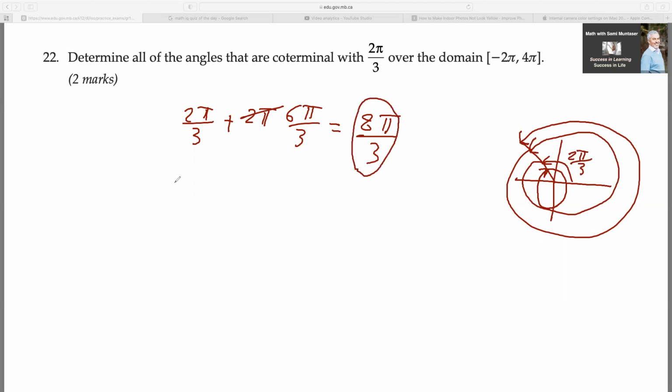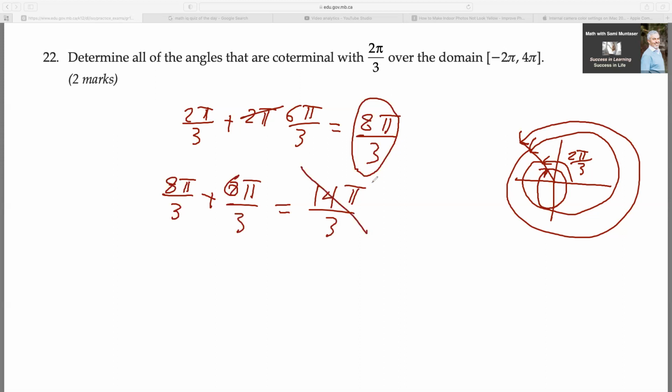Now I'm going to take the 8 pi over 3 and add another revolution again, which is 2 pi, because going around all the way is 2 pi. That's 6 pi over 3, doing common denominators. And that's 14 pi over 3. Now 14 divided by 3 is 4 point something, because 4 times 3 is 12.